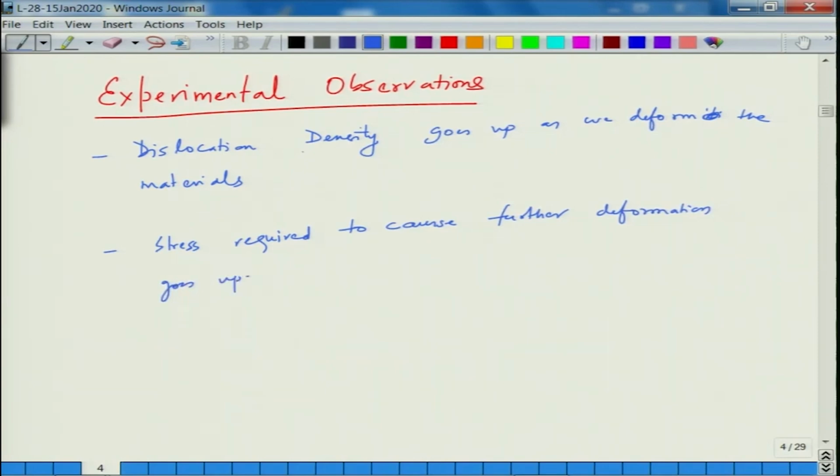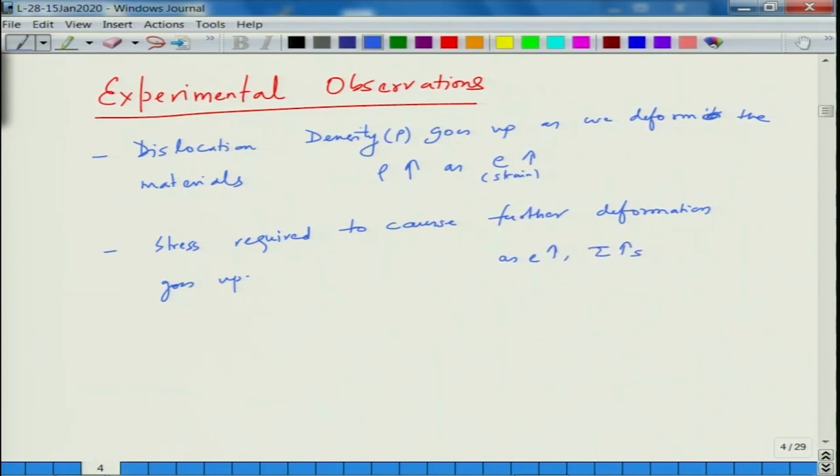So dislocation density, let us say rho, increases as, let us say, epsilon increases, which is the strain, and as epsilon increases, the tau increases.